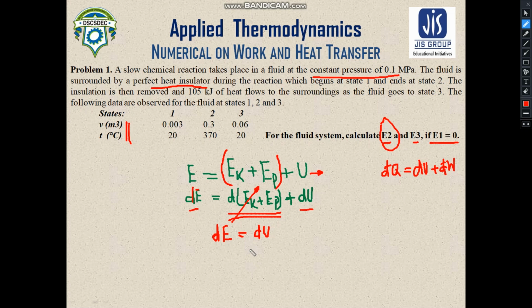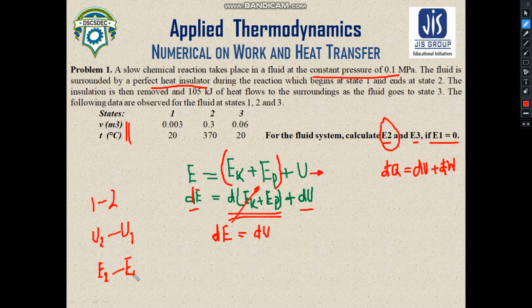So for any process 1 to 2, the change of internal energy is U2 minus U1. Similarly here, while using the term E, you can write the change in internal energy as E2 minus E1.